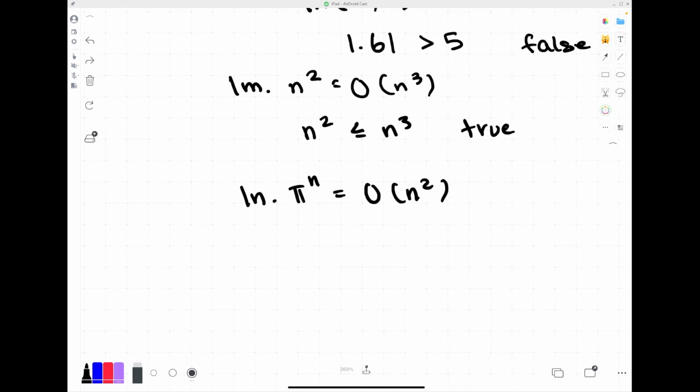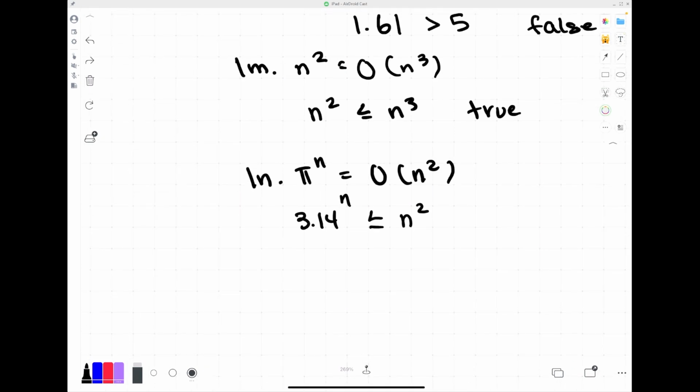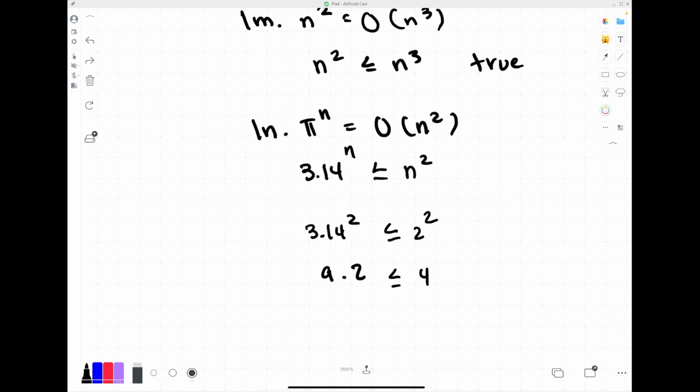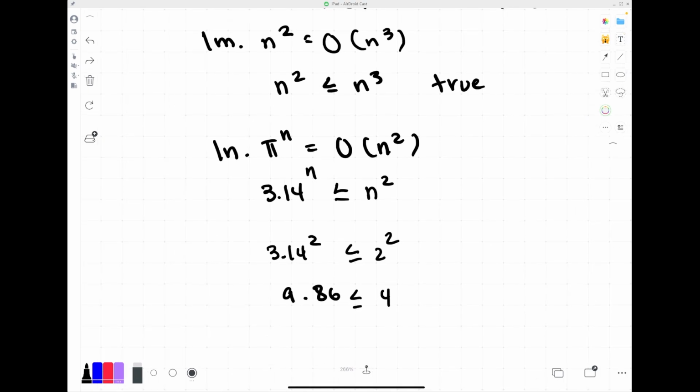Okay, I don't know if I said that wrong, but this is pi, simplified to 3.14 approximately. Big O is less than or equal to, and is that less than or equal to n squared? You could also plug in numbers for this, so I'm just going to plug in 2. So 3.14 squared, 2 squared, approximately 9.86. So this is false.